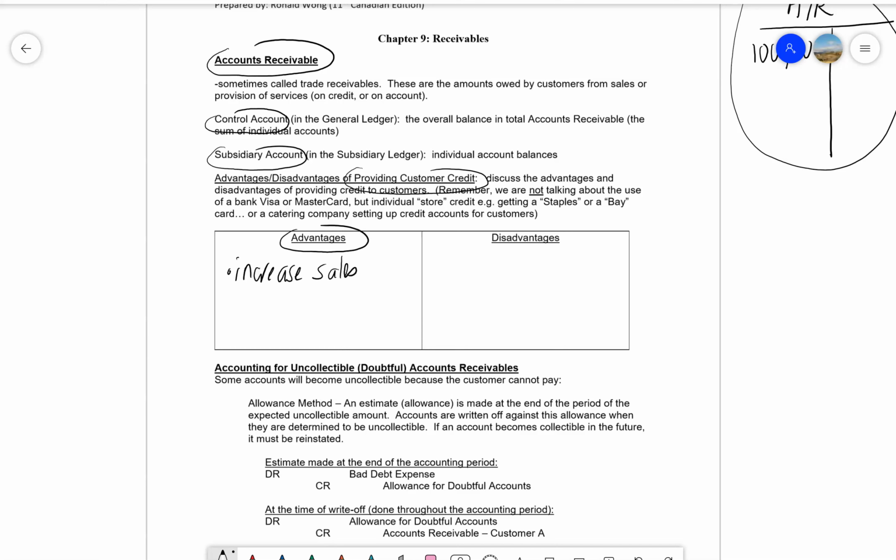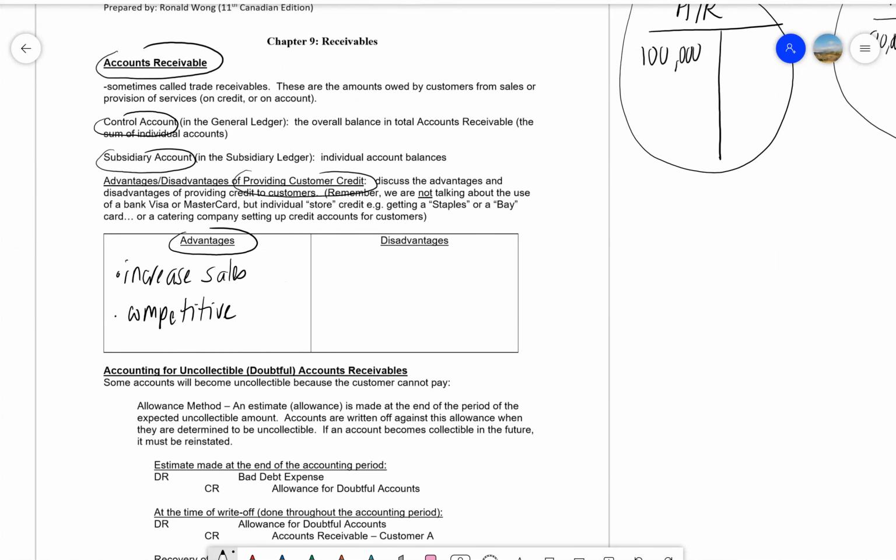Customers can buy the product from us today, but we may give them 20 or 30 days to pay it off. And so it likely will increase sales, and it will help us remain competitive. If all of our competitors are providing credit to their customers, in order to remain competitive, we have to provide credit as well. But obviously there's some disadvantages.